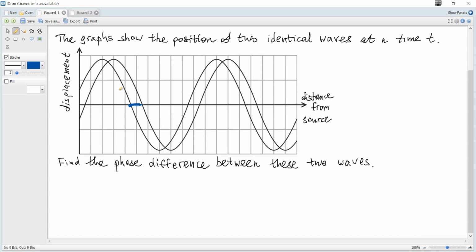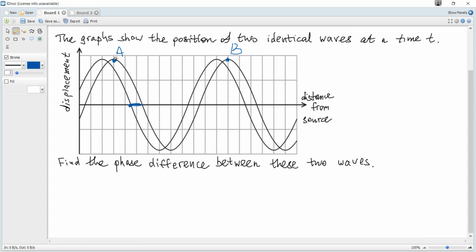We consider any wave, it doesn't matter which wave to consider because they are equal, and consider one complete oscillation. For example, let's consider this wave from maximum to the next maximum, so from A to B. We can see that there are no specific values on the x-axis, so we can just count squares.